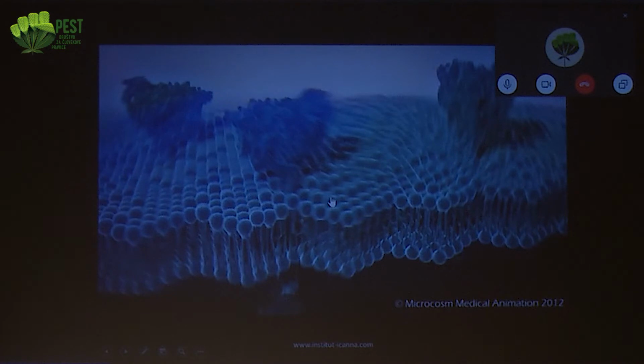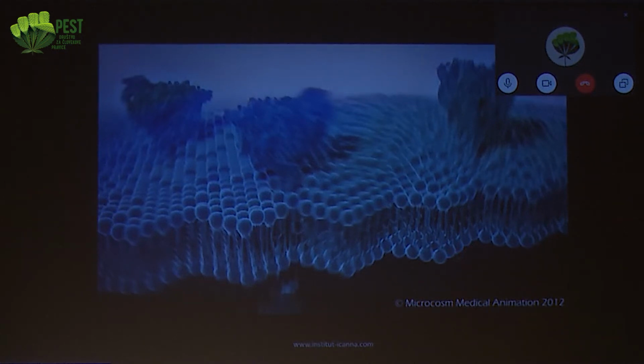Now, this is another very short movie showing the membranes outside of our cells and outside of the mitochondria, such a tiny small lipid bilayer. So we have two layers of lipids, and this is on the cell outside. This surface is not rigid. We can imagine it as very flowing.